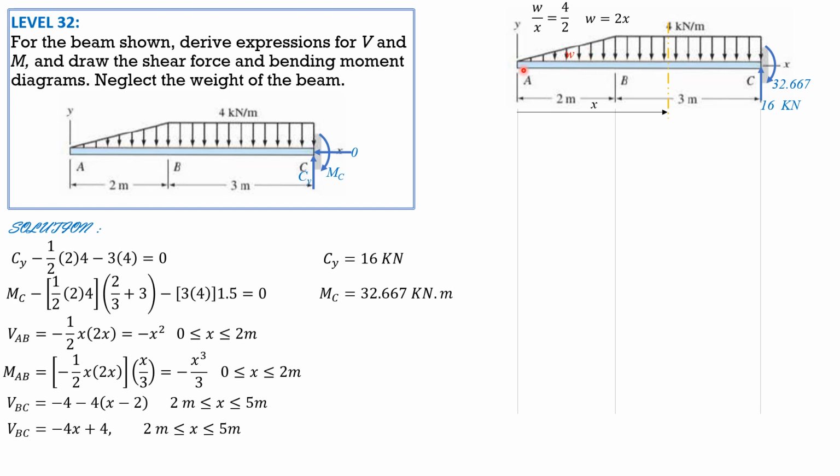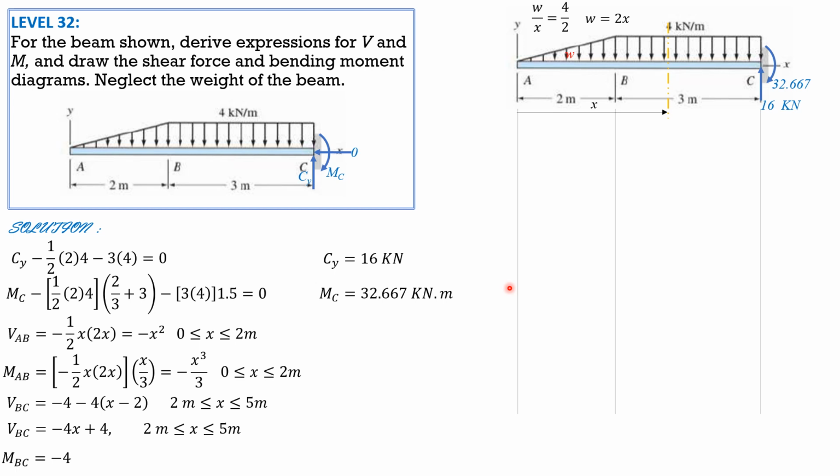So 2/3 of 2 is 4/3. For shear, it is negative 4 and negative 4 times x minus 2. So simplifying that, that's negative 4x plus 4, shear BC.